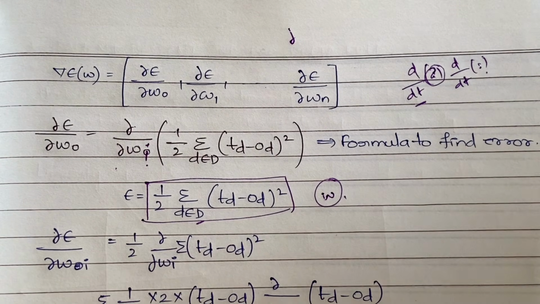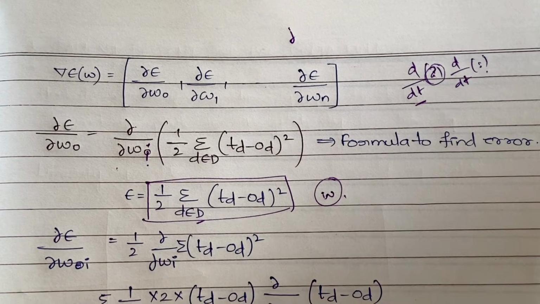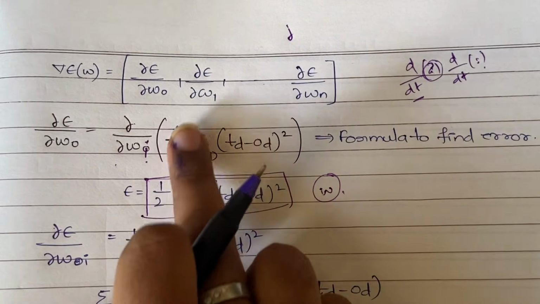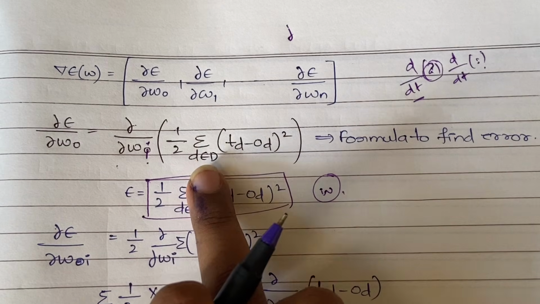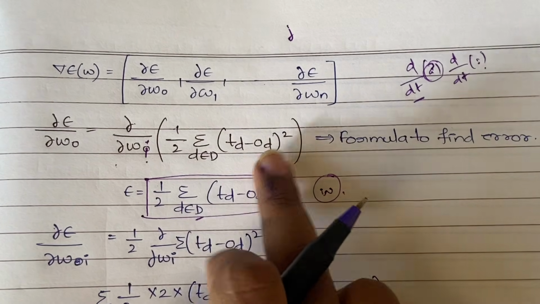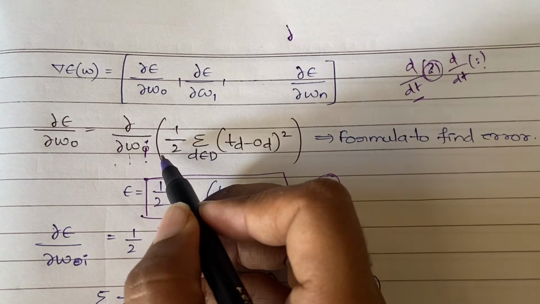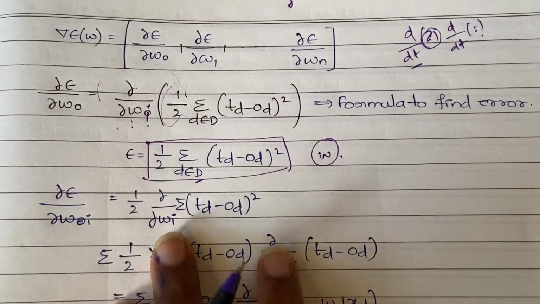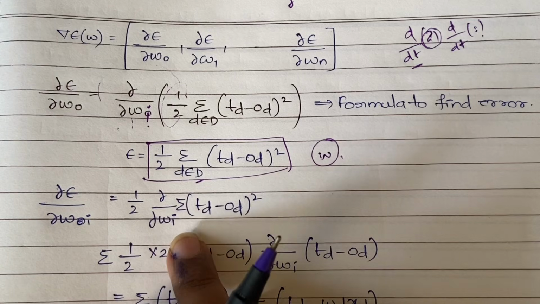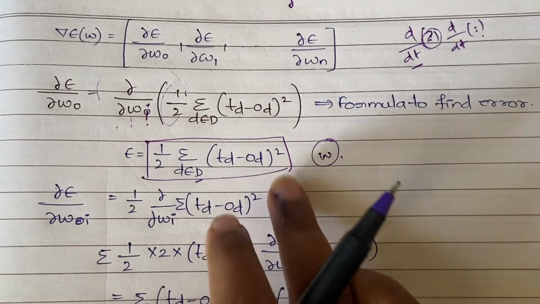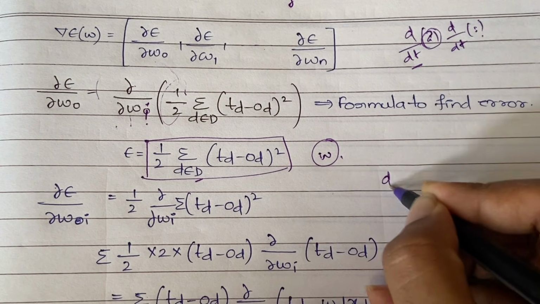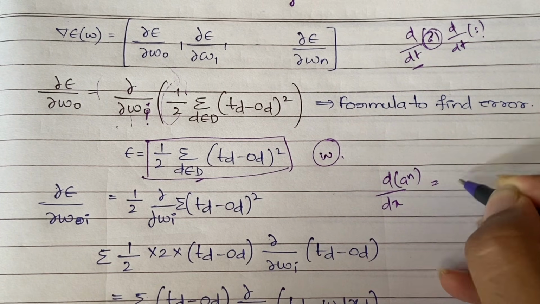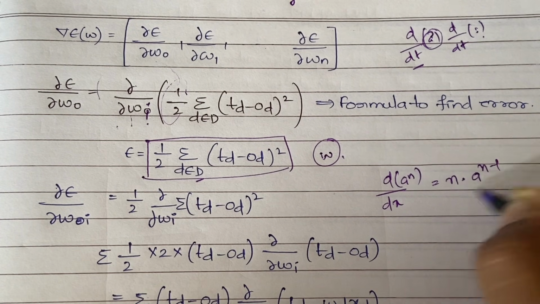Done. So let us apply the derivation now: d by dW of half sigma d belongs to D (td minus od) whole square. We will not differentiate any constants. If you have any numeric coefficients, you can just bring them out. So it becomes half d by dW of sigma (td minus od) whole square. We have a formula, d by dx of a power n is equal to n times a power n minus 1.